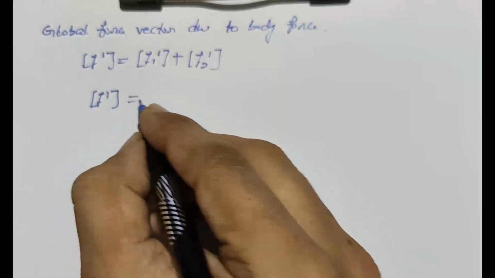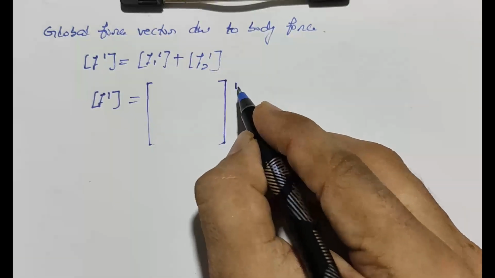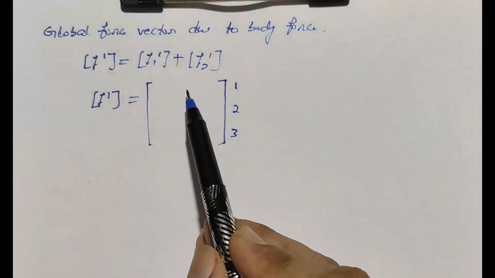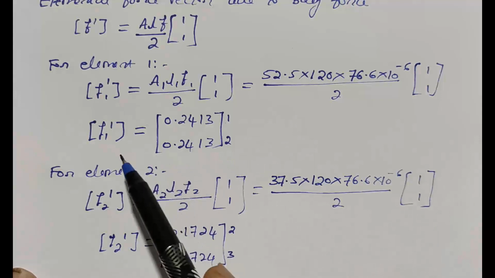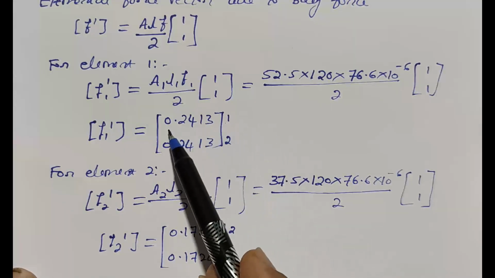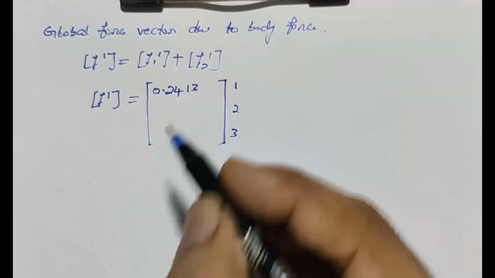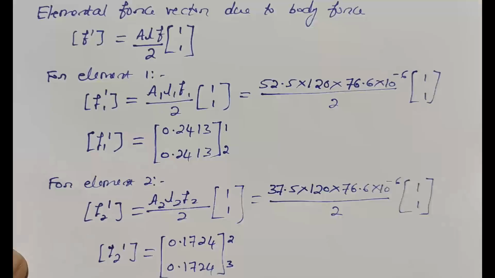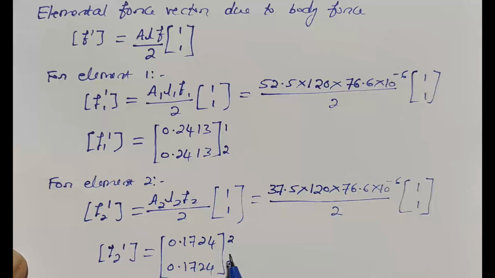F dash is equal to, see the node numbering 1 2 3. See here we need the element corresponding to 1. If you see the elemental body force vector for first element, the element corresponding to 1 is 0.2413. Next we need element corresponding to 2. Here element corresponding to 2 is 0.2413, and in the body force vector for second element, the element corresponding to 2 is 0.1723.